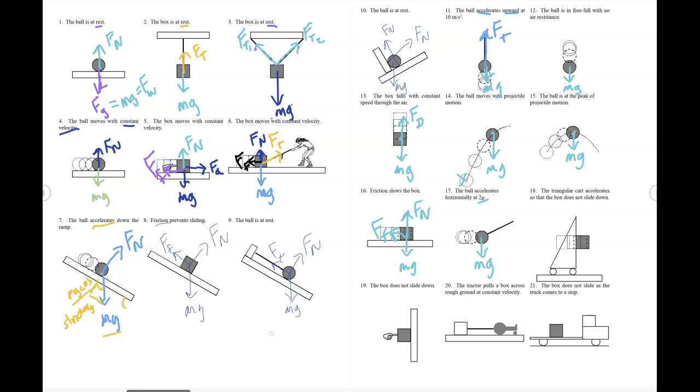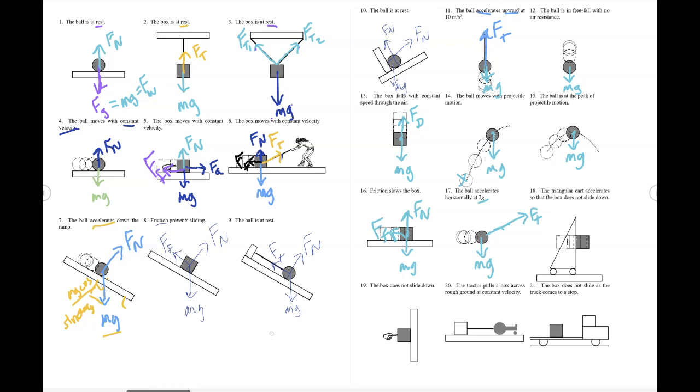So it accelerates horizontally, that means this vector needs to be really long, our tension vector, because this horizontal component should lead to an acceleration of twice as much as the acceleration due to gravity.